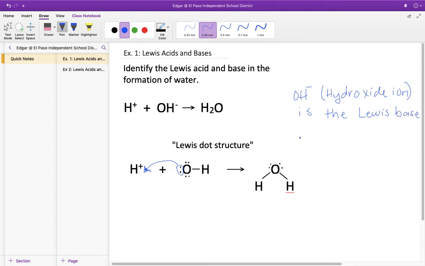And H plus, which is hydrogen ion, is the Lewis acid.